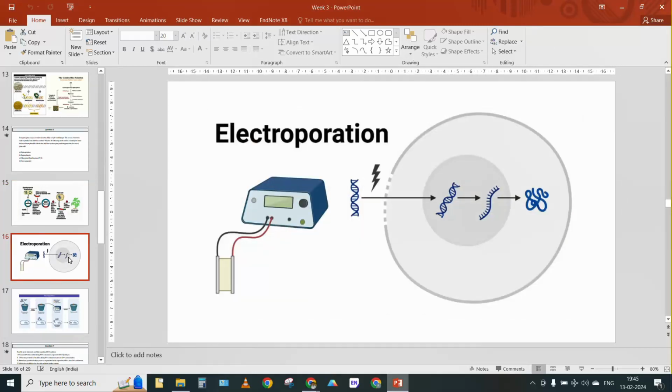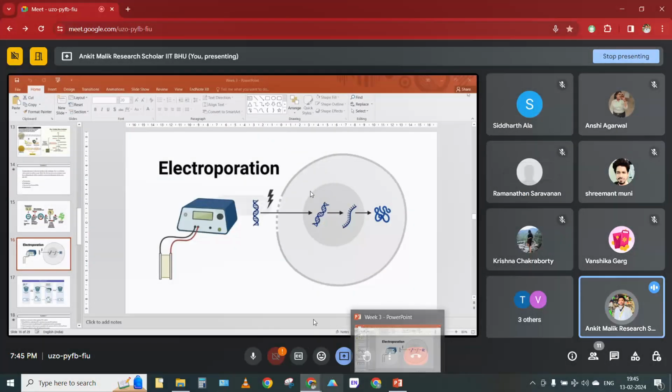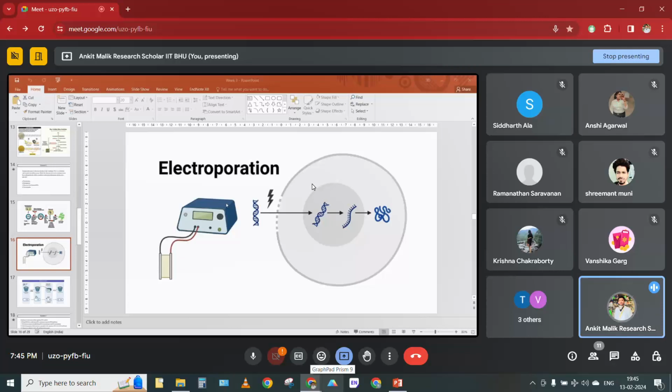Electroporation, which is also called electropermeabilization, is a physical method of introducing genetic materials, proteins, drugs, or other desired molecules into the cells with the application of electric pulses to create temporary pores in the cell membrane, as Vanchika mentioned, which delivers the molecule into the cells.